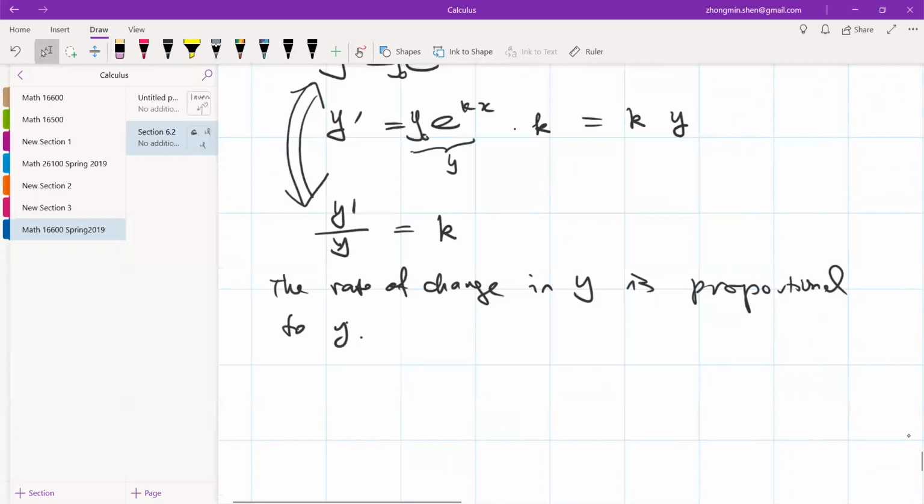Look at our human population. Okay, if the weather is nice, no war, no nuclear war, no disease, and there's natural reproduction, the population grows naturally until there's not enough resources. Then the growth rate must slow down.